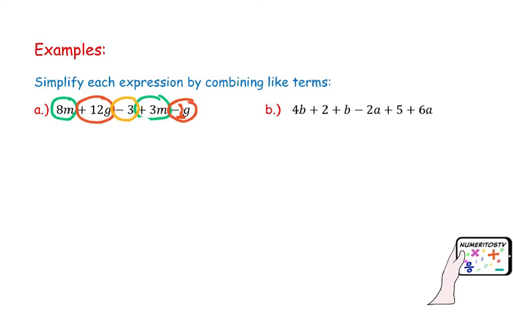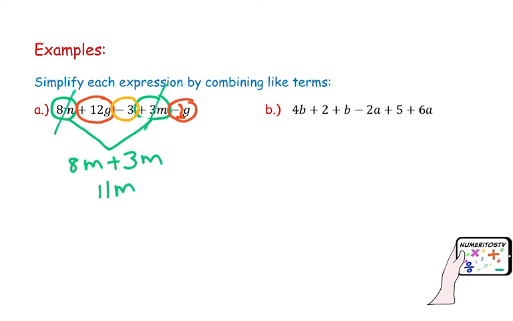So like terms. First, I'm going to combine the green ones. So 8m plus 3m. This will be 11m. So I'm done with the green ones.